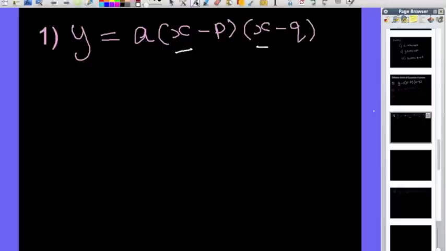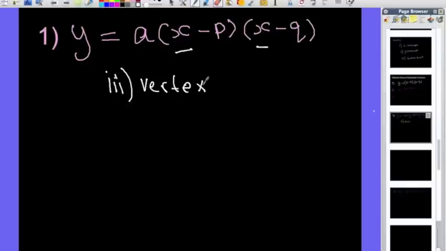Now the third thing you should know is how to find the vertex point using this form. The average of the x-intercepts gives us the x coordinate of the vertex point.